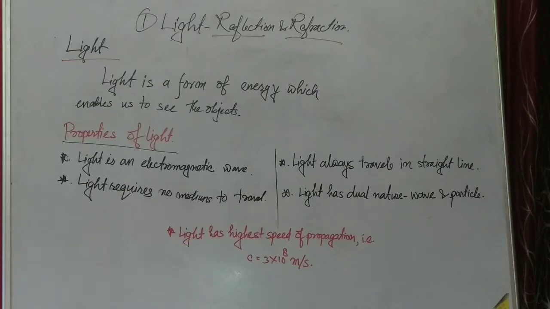Now the second part is properties of light. The first property is that light is an electromagnetic wave. Since you are in class 10, I will give the meaning in a simple manner: an electromagnetic wave is a wave generated when there are vibrations in both the electric field and the magnetic field.